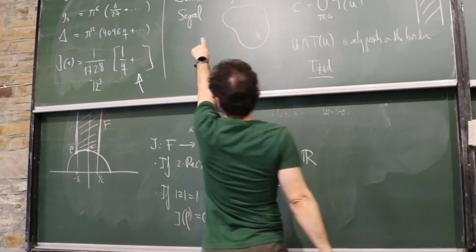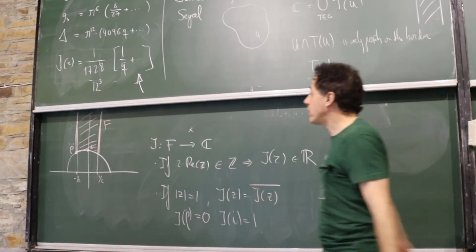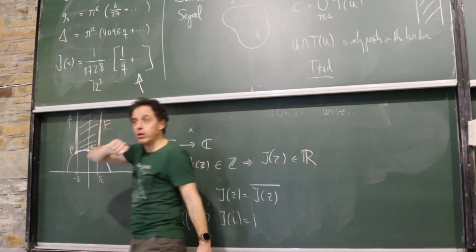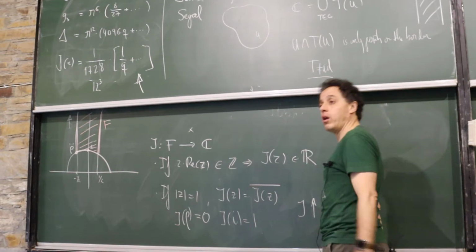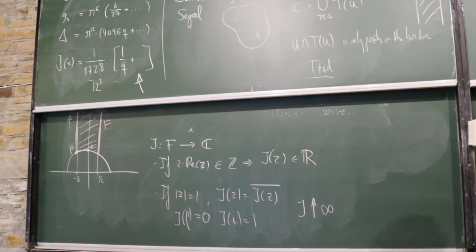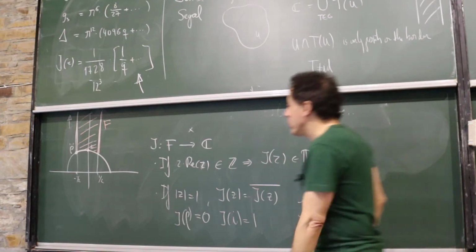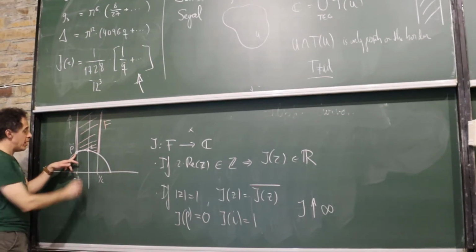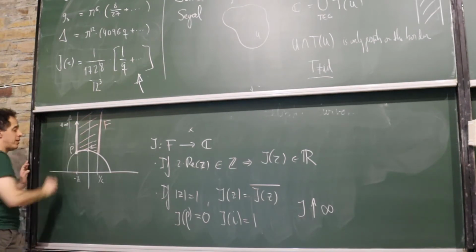And since q is e to the 2 pi i tau, this translates into the fact that when the imaginary part of tau tends to infinity, going vertically in this direction, J goes to infinity. So we have here the value 0, the value 1 here, real values here, and here the function goes to plus infinity.